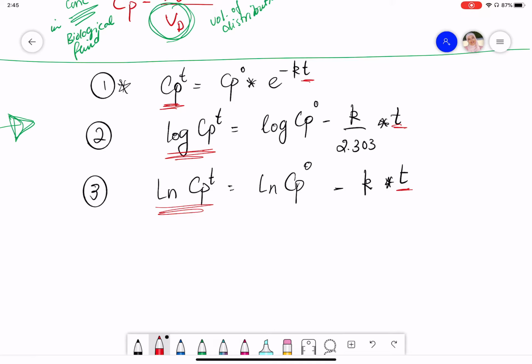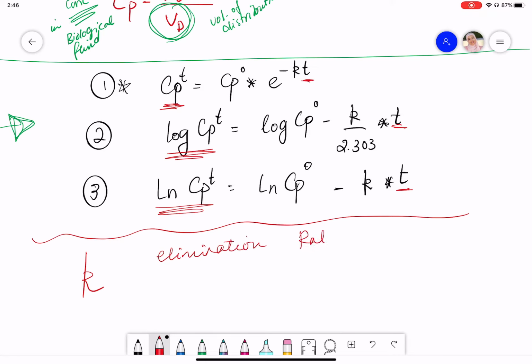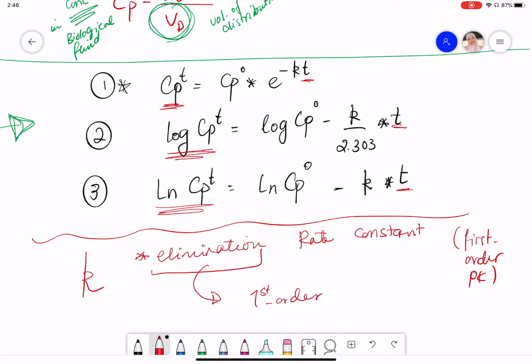Okay? One last piece of information about the elimination rate constant that we are using in this model, which is K. It's your elimination rate constant. And in this model, we mentioned that the drug is following first order kinetics, right? When we are talking about first order kinetics, it means that the elimination is following first order or linear kinetics, right?